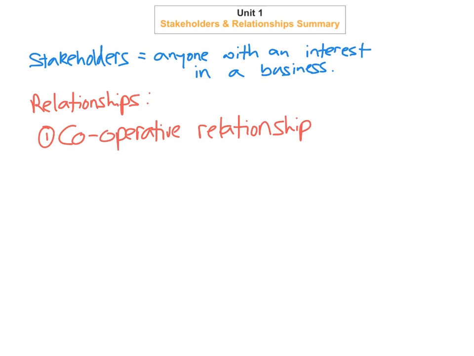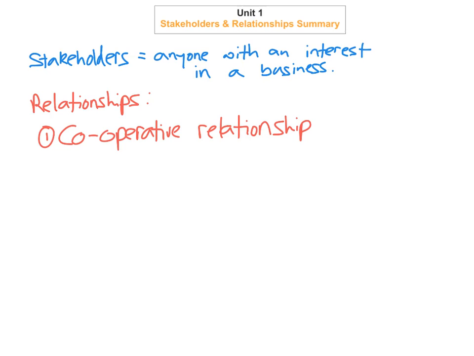A cooperative relationship is when all the businesses work together with all the stakeholders in order to try to achieve a common goal, so that it's a win-win situation for both the business and the stakeholders.